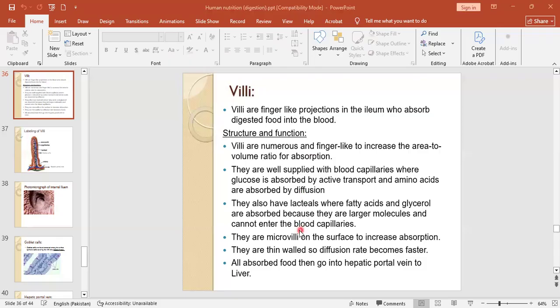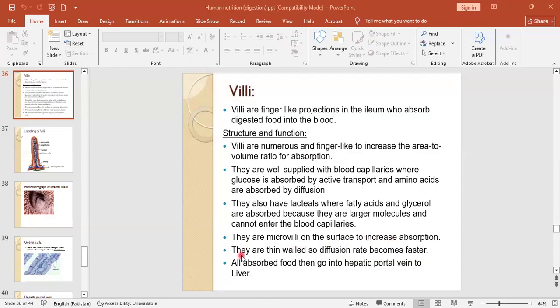Okay, the third point. They have lacteals where the fatty acid and glycerol are absorbed because they are larger molecules and cannot enter the blood capillaries. I hope I've made this point clear to everyone, why the lacteal is present. Then they have microvilli on the surface to increase absorption.